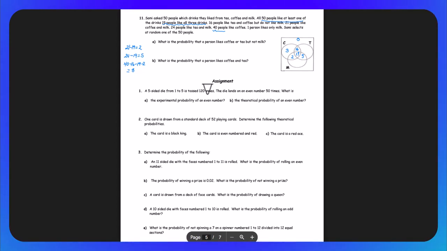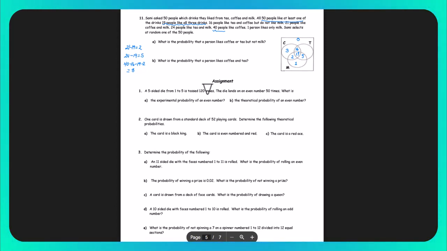And then we say 1 person only likes milk. Great. This is the only likes milk region, so we don't have to do anything there. And we only have 1 region that we don't know, and that is the only tea region. So what we have to do is add up all of those numbers within the other 2 circles, which also overlap a little bit into the tea.